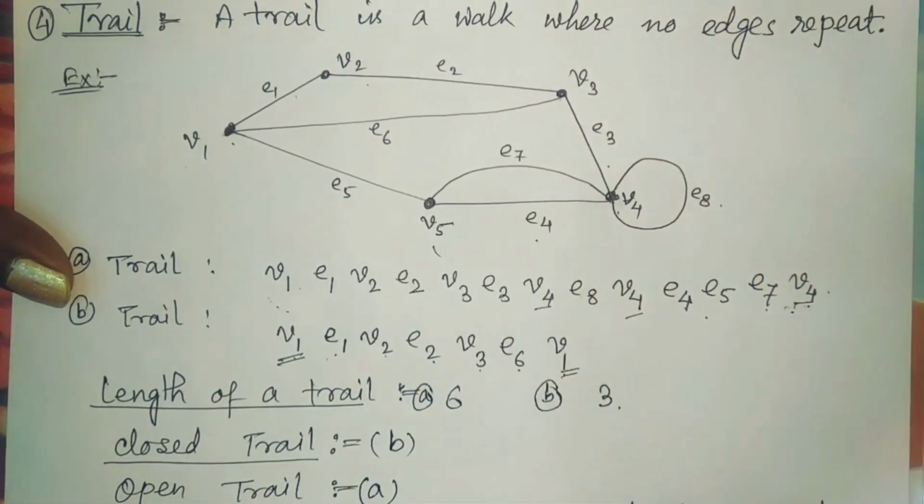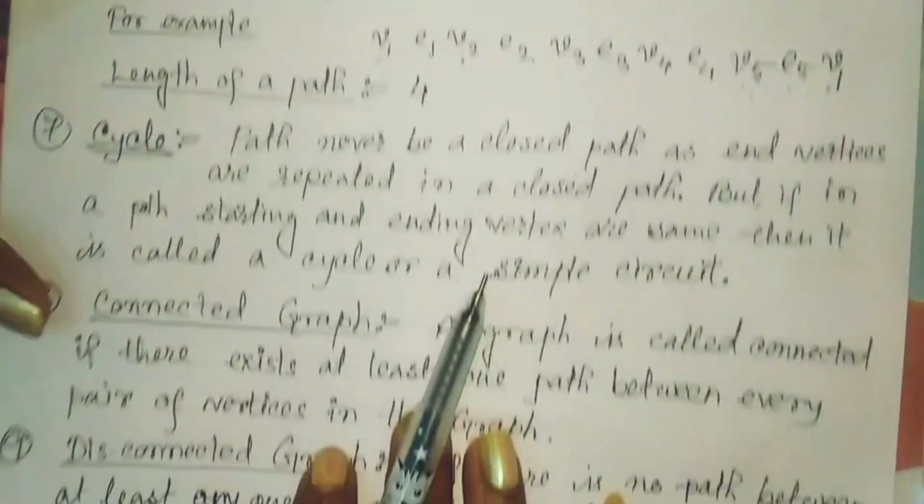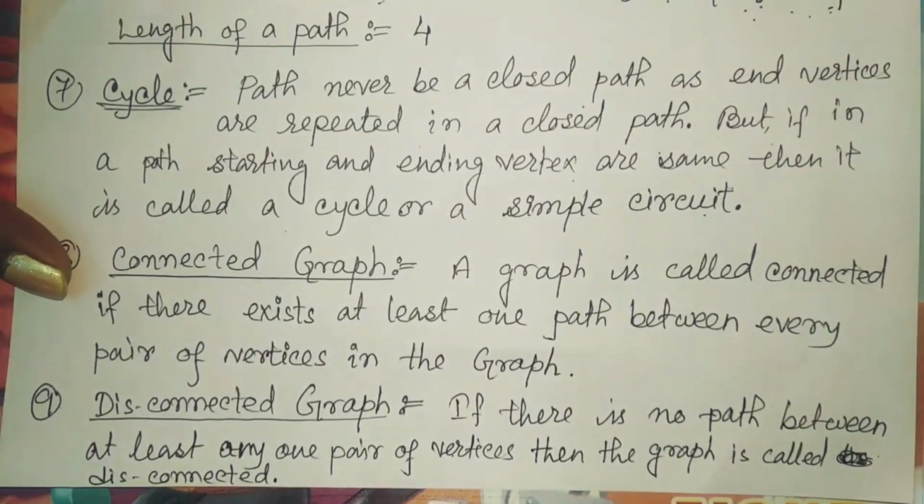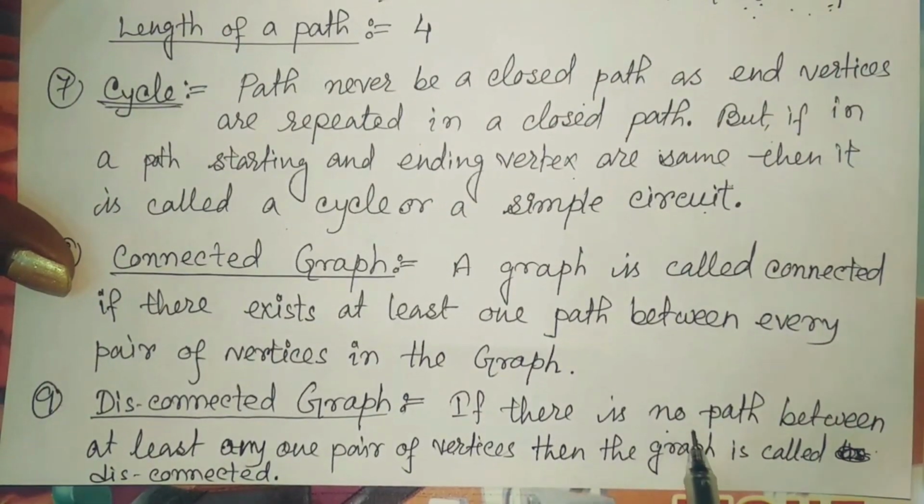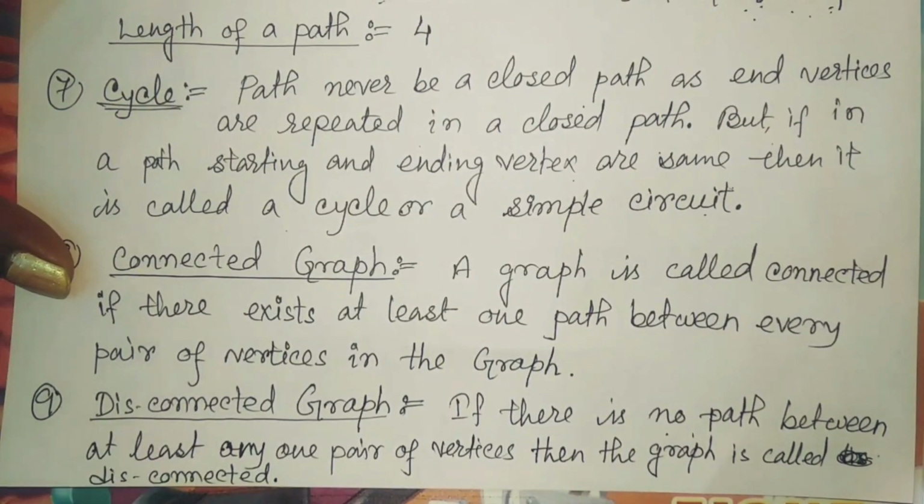Then it is called a connected graph. For a disconnected graph, if there is no path between at least one pair of vertices, then the graph is called a disconnected graph.